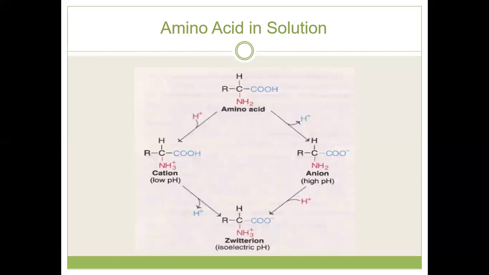When you have a solution of an amino acid, it ionizes to form what we call a dipolar ion, meaning two groups will ionize, the carboxyl group and the amino group. That is why it is called a dipolar ion or zwitterion.